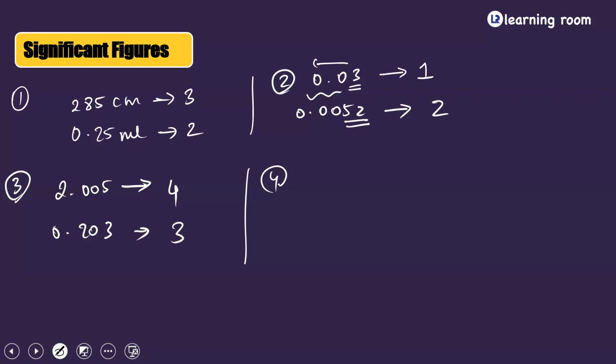Clear? Now tell me, 0.200. After the number, whatever zeros are there, those are significant. Only the zeros before the number are non-significant.